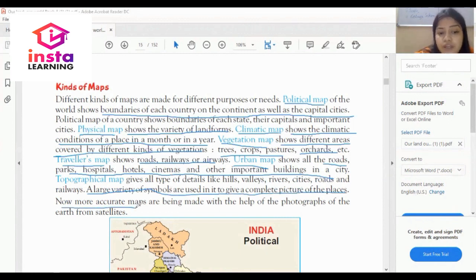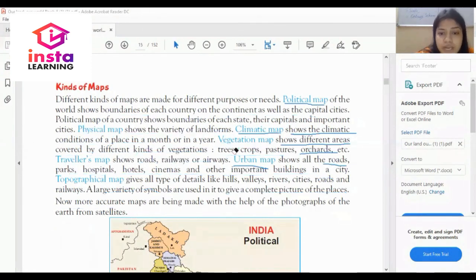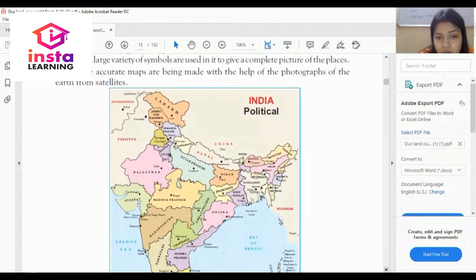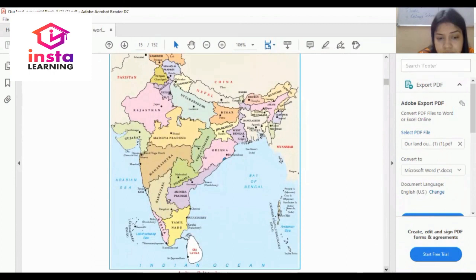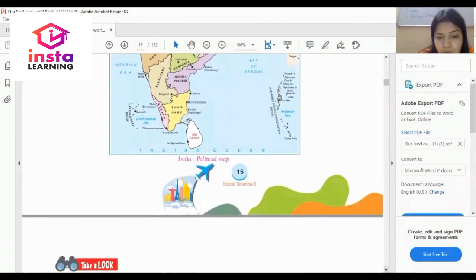Now, more accurate maps are being made with the help of photographs of Earth from satellites. So, dear student, this is about kinds of map. This is the political map of India, which shows states and capital cities of India.